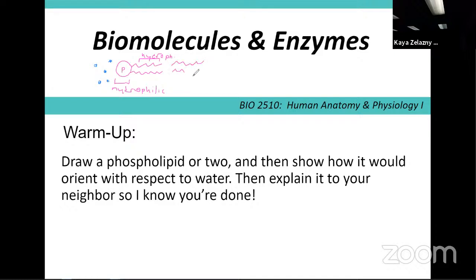We got the tails here. And this is going to behave exactly the same way. This is still going to be hydrophilic on the head, hydrophobic on the tails. So when we have water, it's going to orient over here as well. So this is what we'll see when we get to our actual cell. So we're not going to expect to see water anywhere in the middle here. No water here.